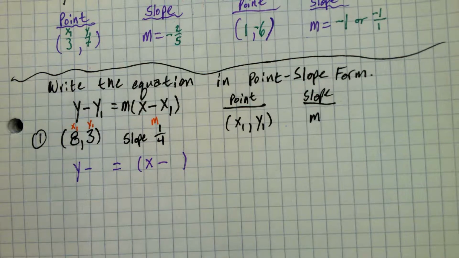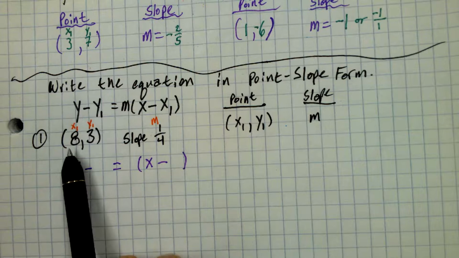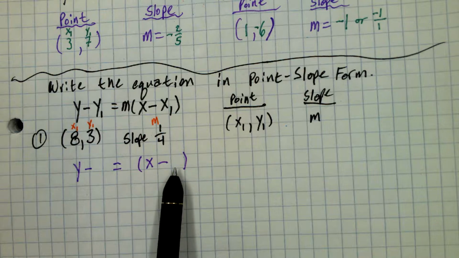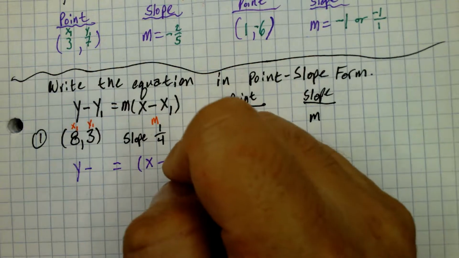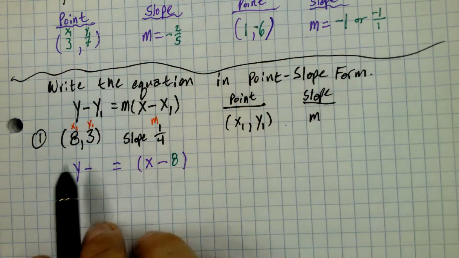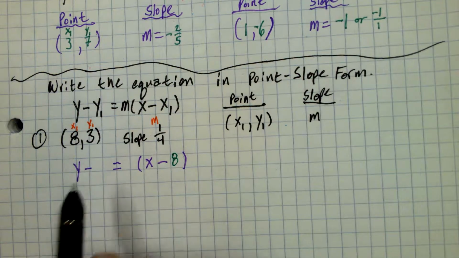Starting with our 8. Where would 8 go? X1 value, clearly right here. And then just put it in as 8. So now we have x minus 8. Then we have 3. That would go here.